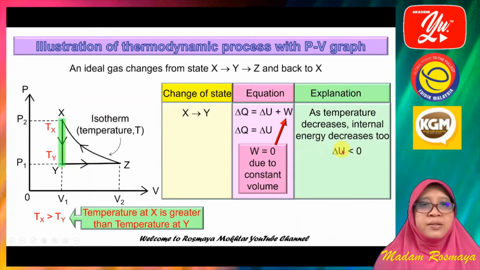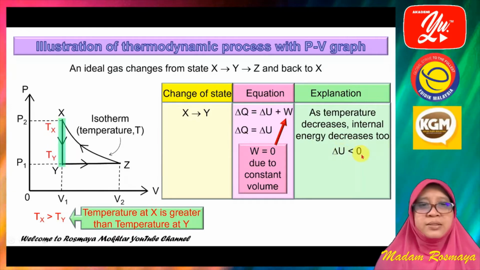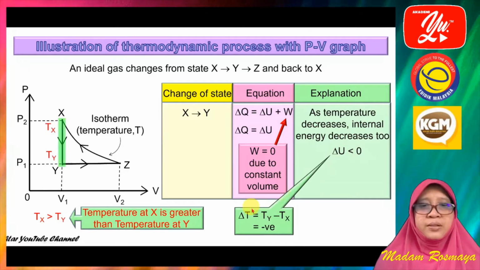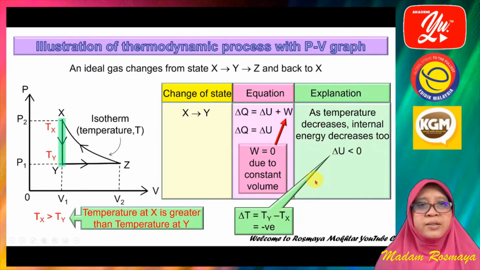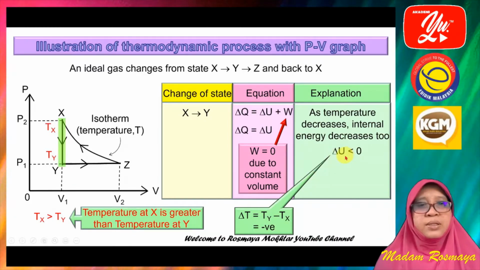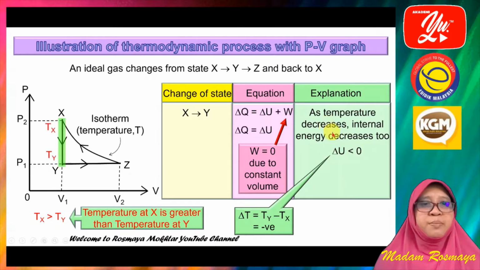Decreases means the change in internal energy is less than zero, because if you calculate Ty minus Tx, because Ty is less than Tx, you get a negative value. So we can write delta U less than 0 to represent the decreasing temperature.